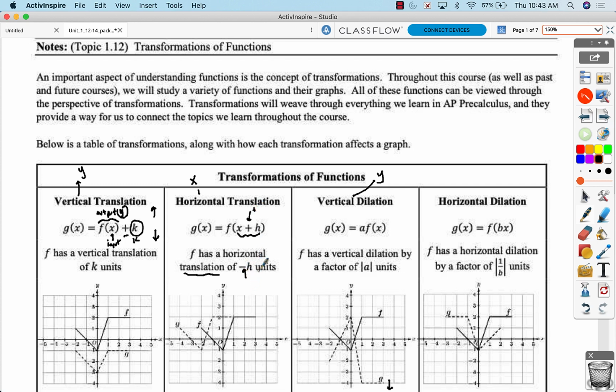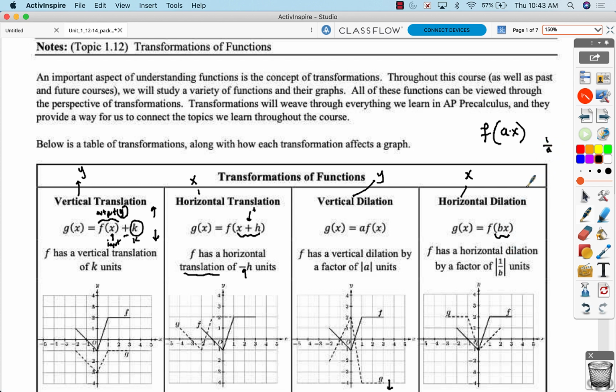Okay. Now, if you put this in, this is going to affect the x. This is probably the most tricky one. When you put something inside the parentheses, it goes opposite of what you think. So instead of multiplying, the dilation is going to be 1 over a.